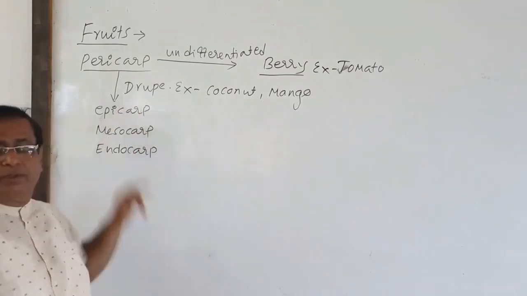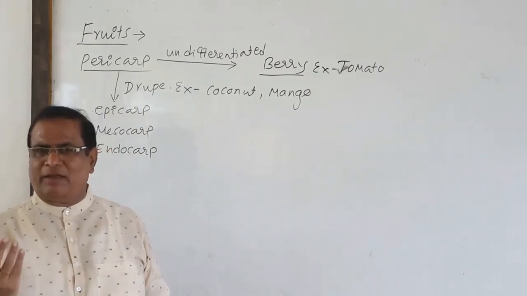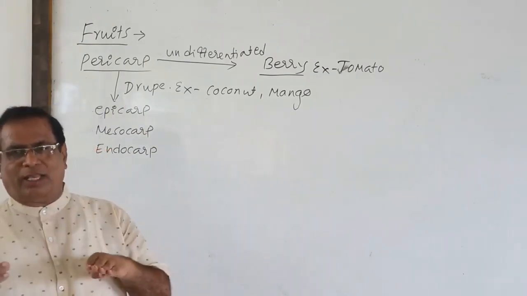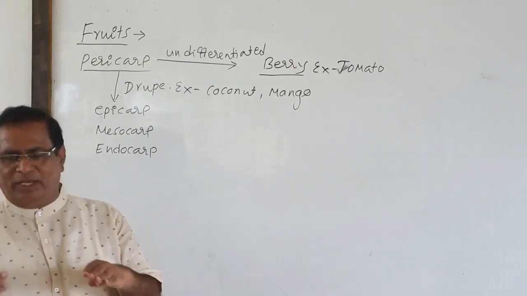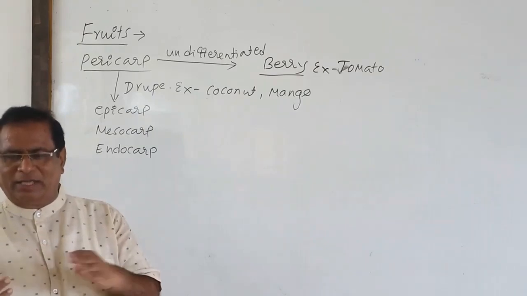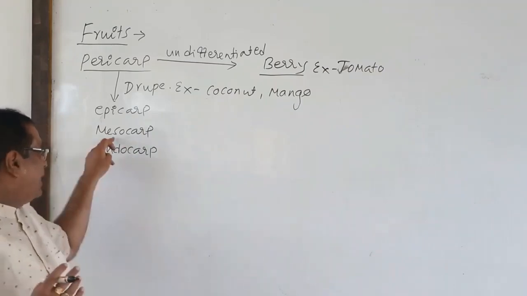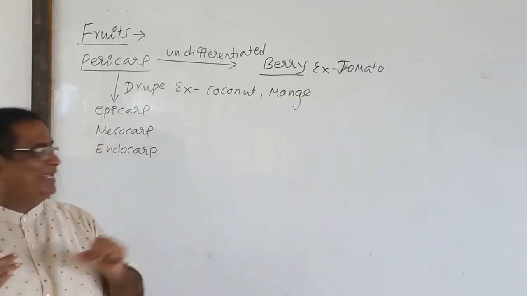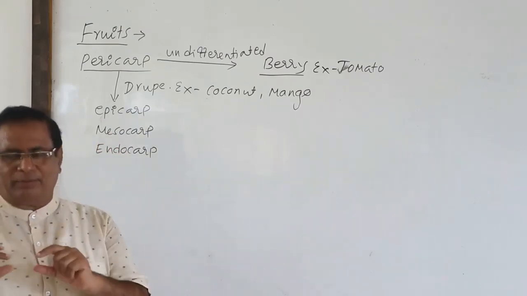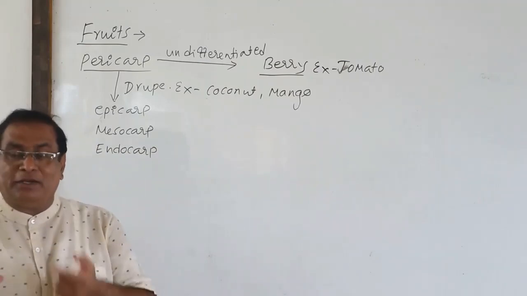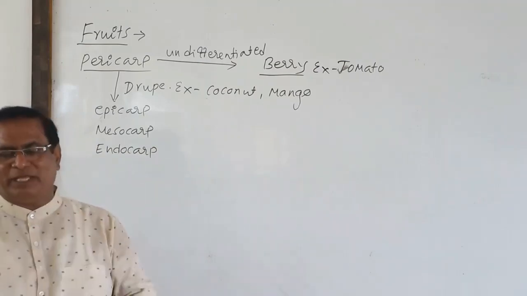Mango is a drupe, where you can notice, if you see a ripened mango, the outer epicarp is yellowish green. When it is raw it is green and gradually becomes yellowish. Then there is fibrous, juicy mesocarp, and inner, very hard endocarp. Within that endocarp, we can see a single seed as well.